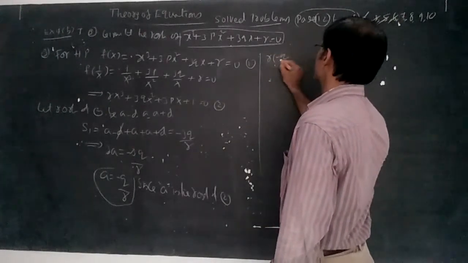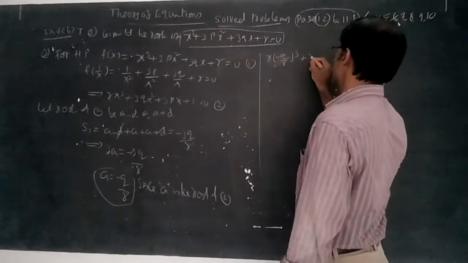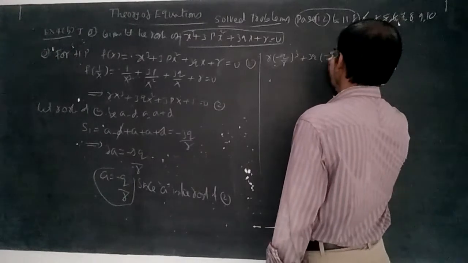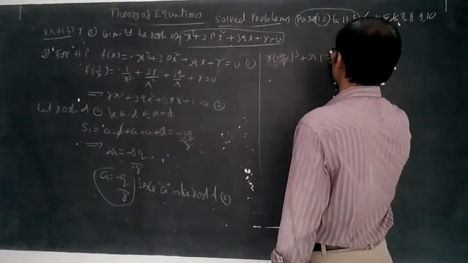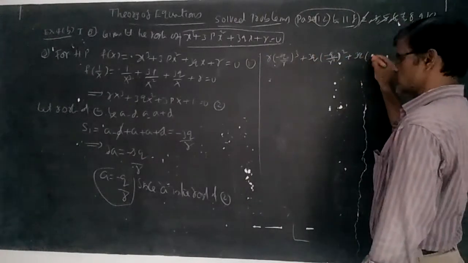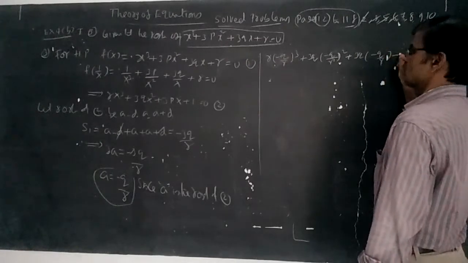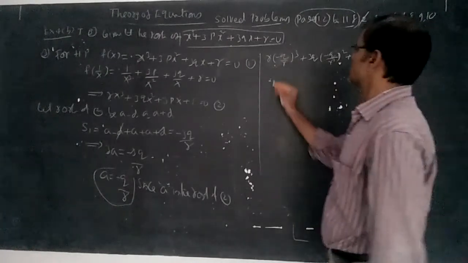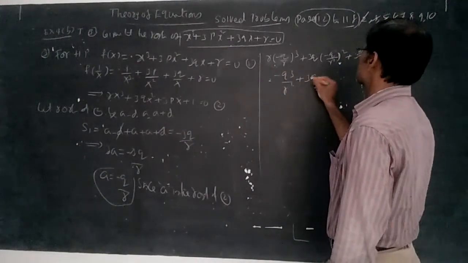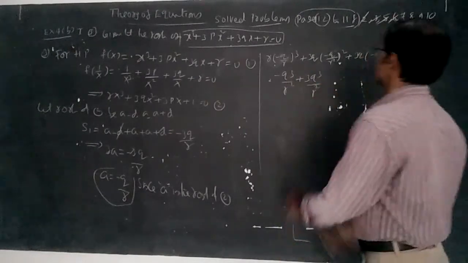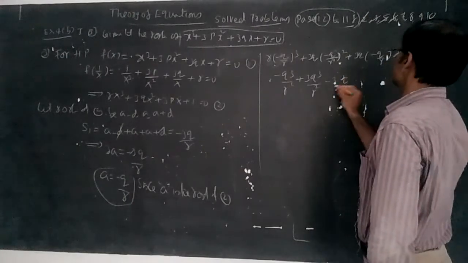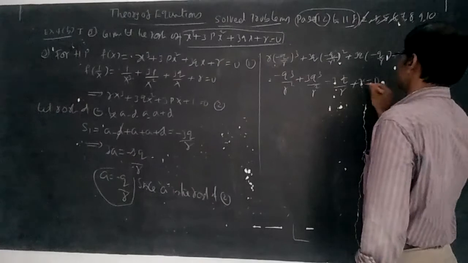So r into (minus q by r) whole cube plus 3q into (minus q by r) whole square plus 3p into minus q by r plus 1 equal to 0. You can understand here minus q cube by r square plus 3q square by r, because (minus q) whole square becomes plus. Minus 3pq by r plus 1 equal to 0.